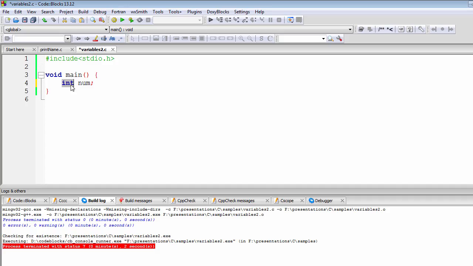This is known as the data type. This int is telling the computer, going back to the machine, that I need 4 bytes of space from your RAM so that I can store an integer number. When the machine allocates 4 bytes of space, that space will have a name known as num.